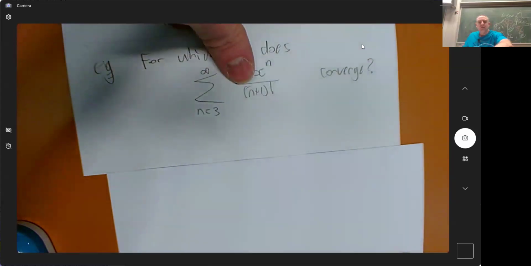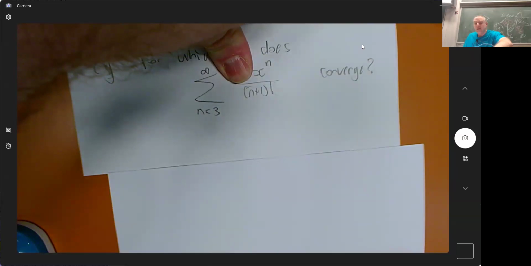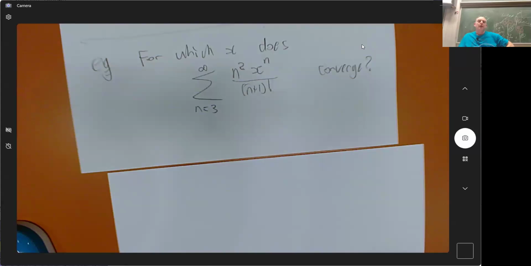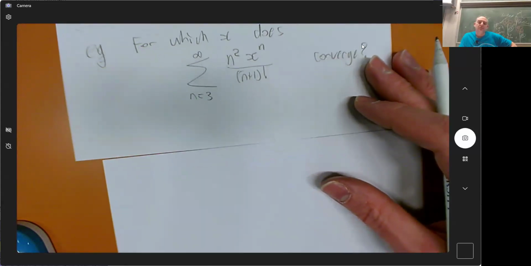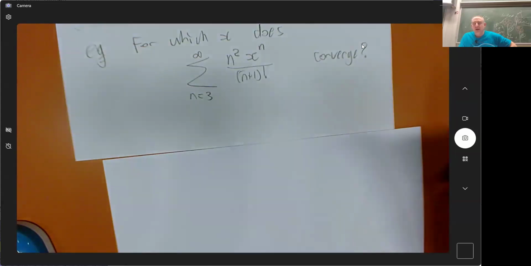If it was, then we'd only be off by a little bit for e to the x, so I could have dealt with that. But things with powers and factorials are what the ratio test is useful for. So I'll use the ratio test.